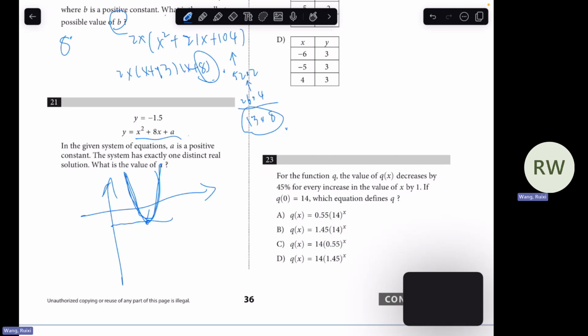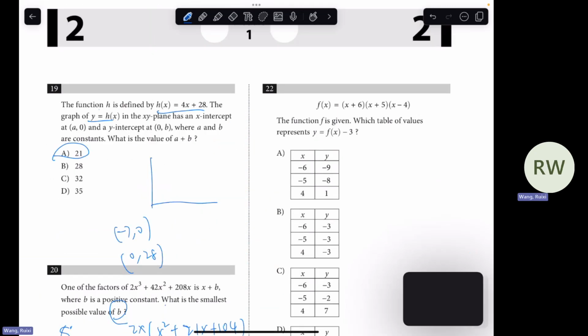Because you have this already, you can do x plus 4 squared, then minus 16 plus 8, equals your y. And when x equals -4, y equals -1.5. So that's basically saying this 2 equals -1.5, which means that your a is 14.5.